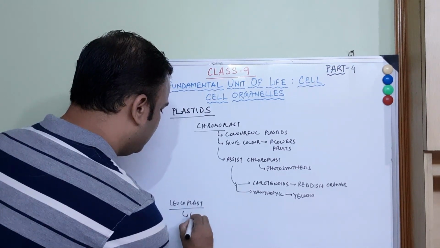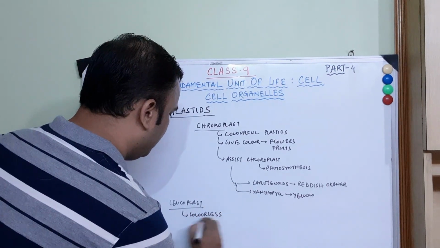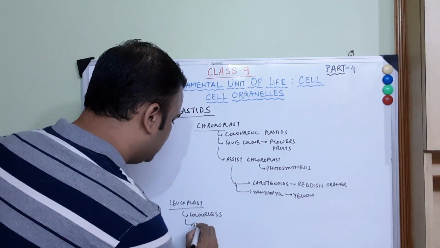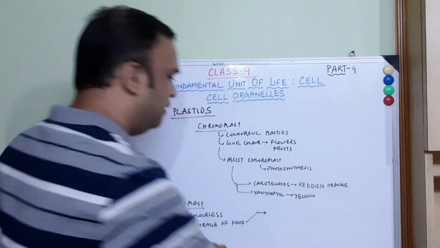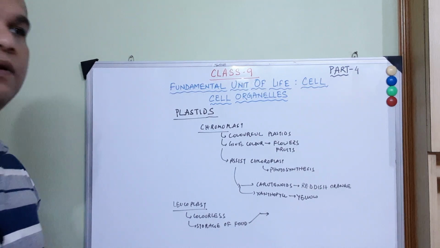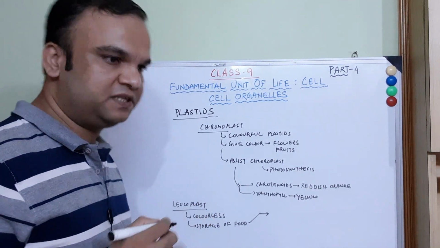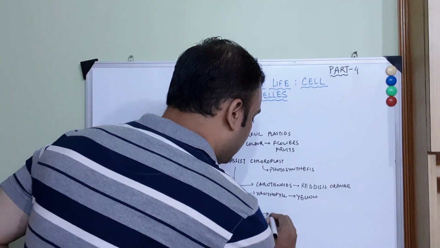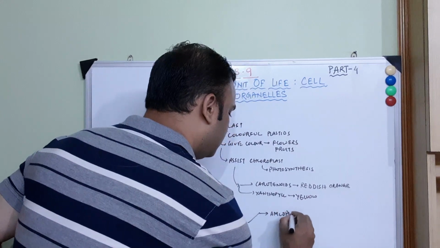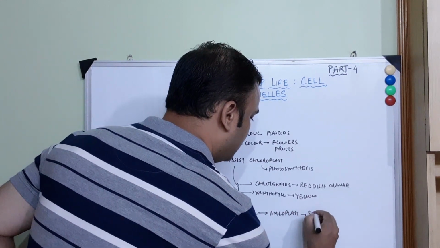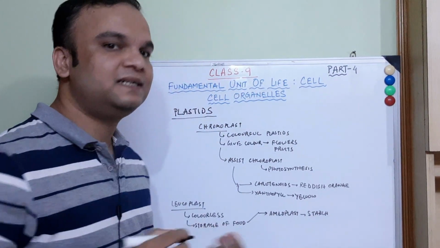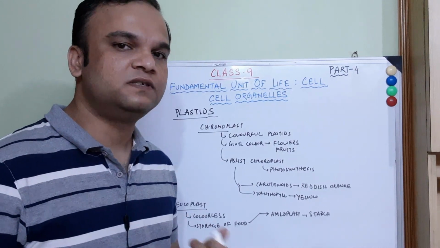Leucoplast is a colorless plastid, and its important function is storage of food. Leucoplast is further classified into three specialized types. These are amyloplasts, which store starch, which polymerizes glucose and forms the starch.